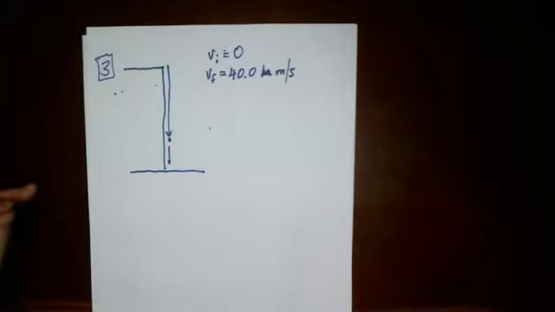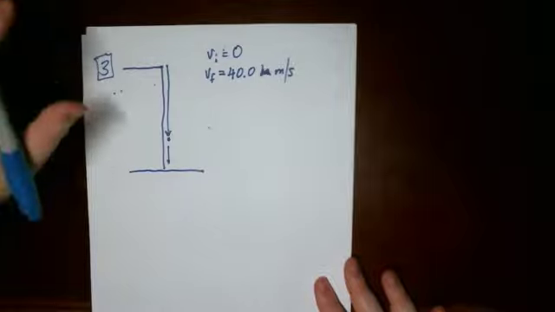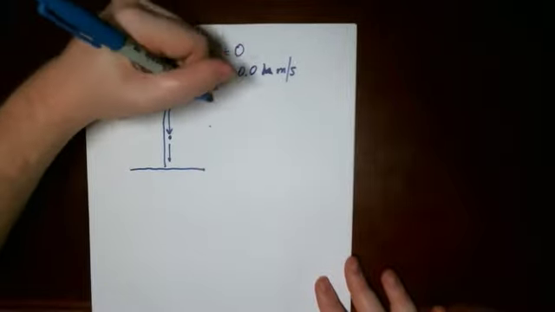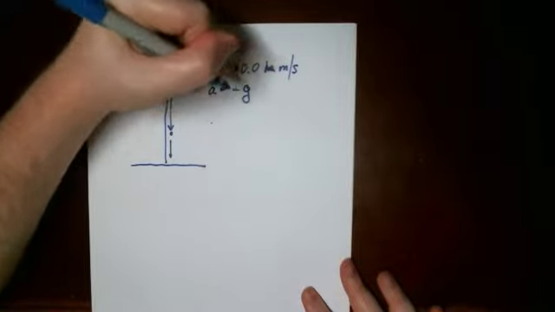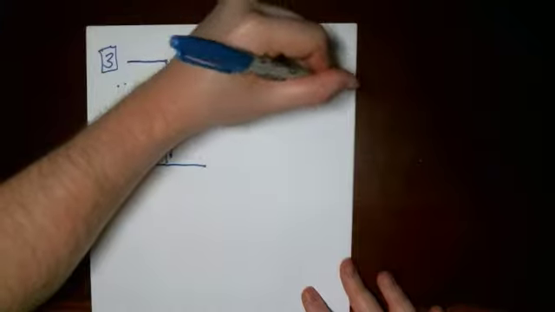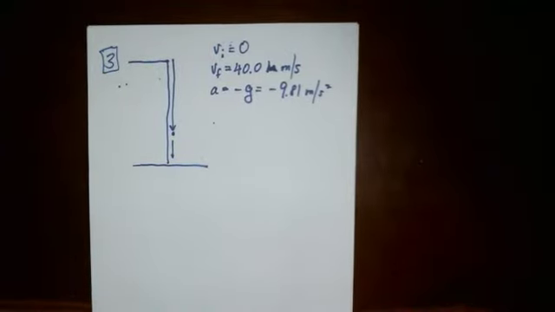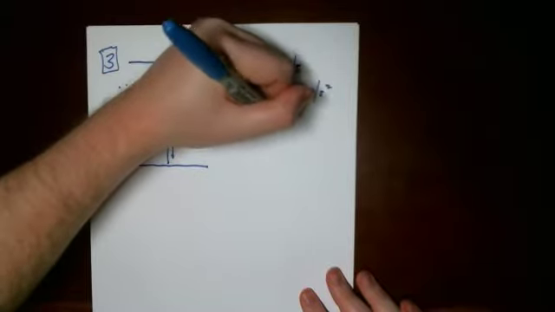So it turns out we can work out how high the cliff is in meters based on this. So what do we know? We know Vi, Vf, and we also know, though it isn't said explicitly in the problem, that since it's falling under gravity, the acceleration should be just negative g, which is negative 9.81 meters per second squared. So we have everything we need to calculate the height of the cliff. And we're going to use our time-independent kinematic equation.